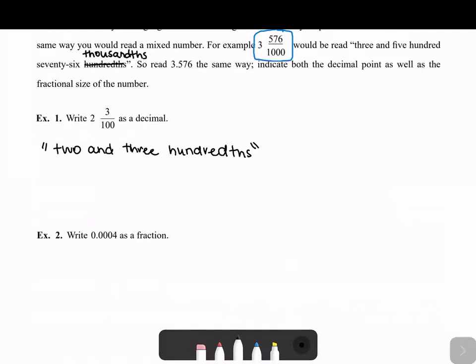Whenever we write that as a decimal, we have 2, then the decimal point is where we say the "and," and then 3/100. The 100 tells us there are going to be 2 decimal places, and we just have 3 of those. So this is just going to be 2.03.